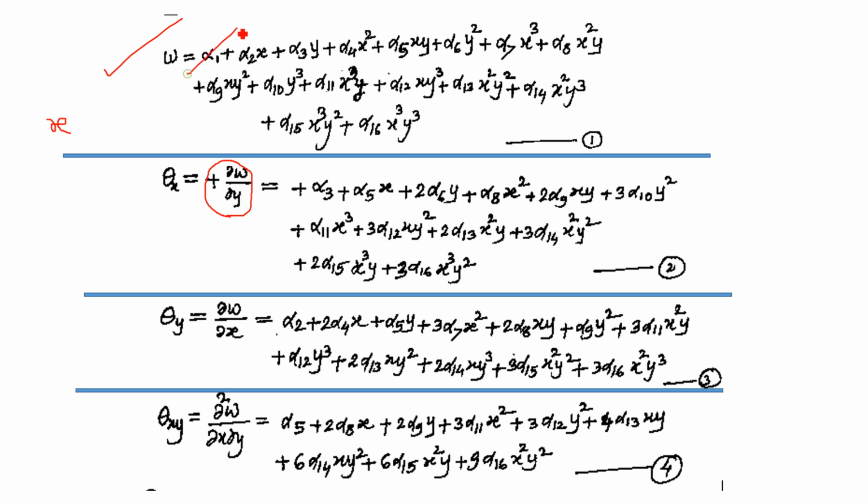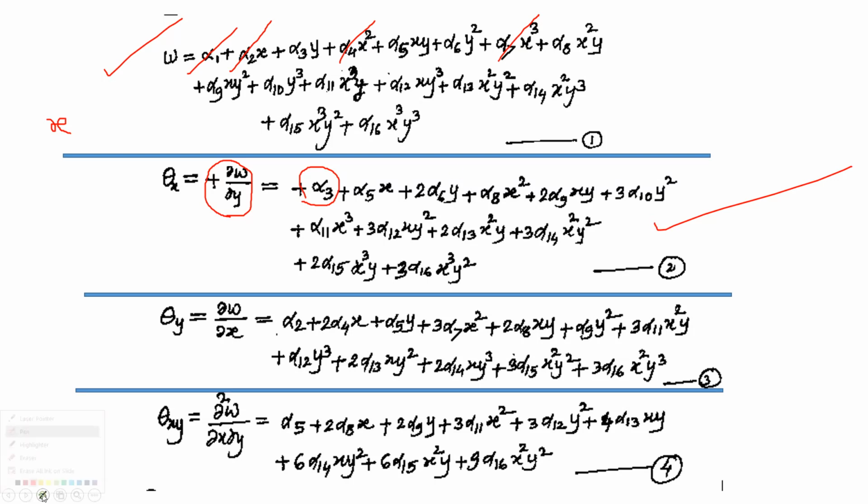So the derivative of alpha 1 is 0, the derivative of alpha 2x is 0, the derivative of alpha 3y is alpha 3, the first term here. Then the derivative of this term is 0, and of this term is 0, because only the x cube term is there, it is constant. Then from the remaining terms we take the derivative with respect to y, and we will get this expression of theta x.